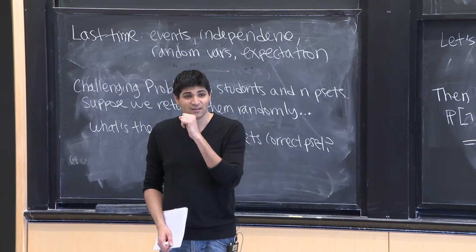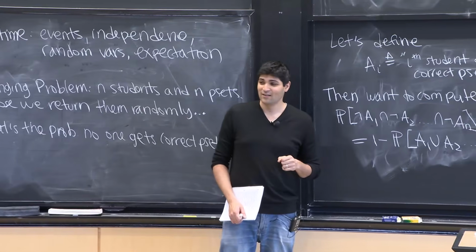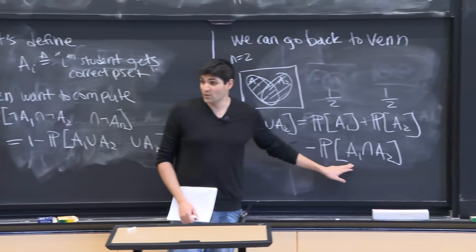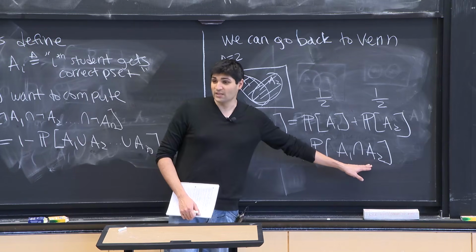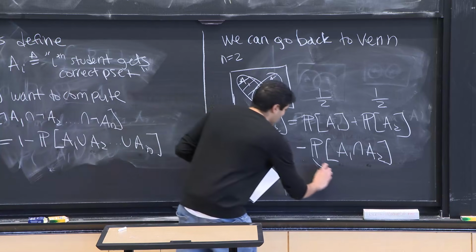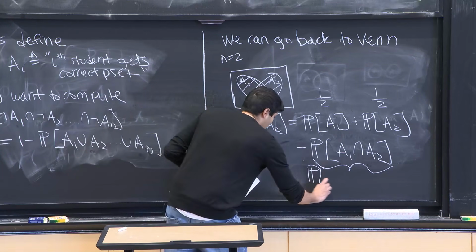Can anyone, do you want to take a shot at why it's not a fourth? So let's think about what this event means. The first student gets their p set back, and the second student gets their p set back. So if you think about this, we could also write this in terms of conditional probability, the same way we talked about Bayes' rule last time.